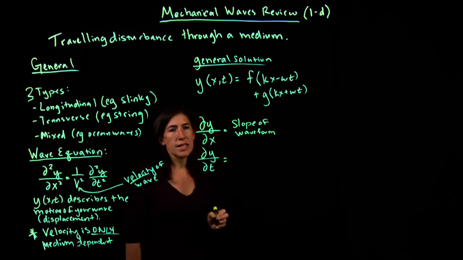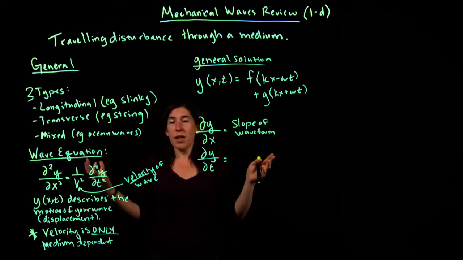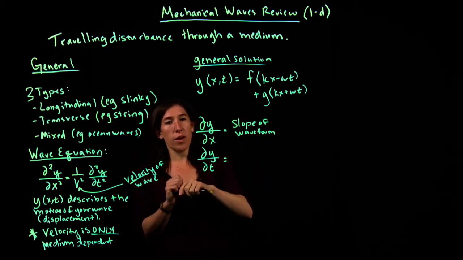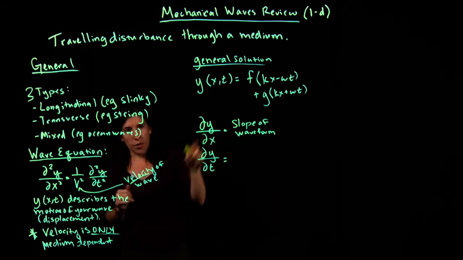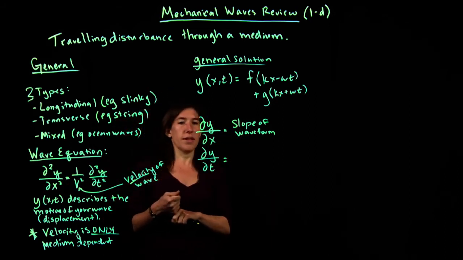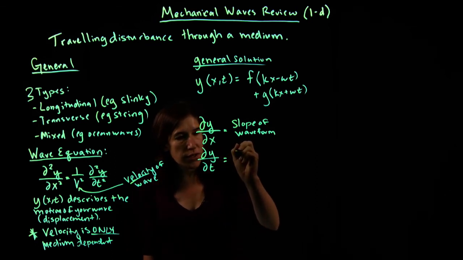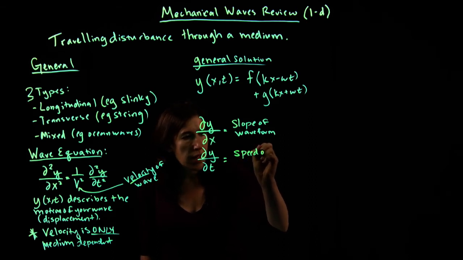If you take a photograph of your wave at some particular time, the shape of your wave in that photograph is the waveform. If you literally calculate the slope at each point, this partial derivative will give you that. And the next is the partial derivative with respect to time, which gives the speed of individual particles.